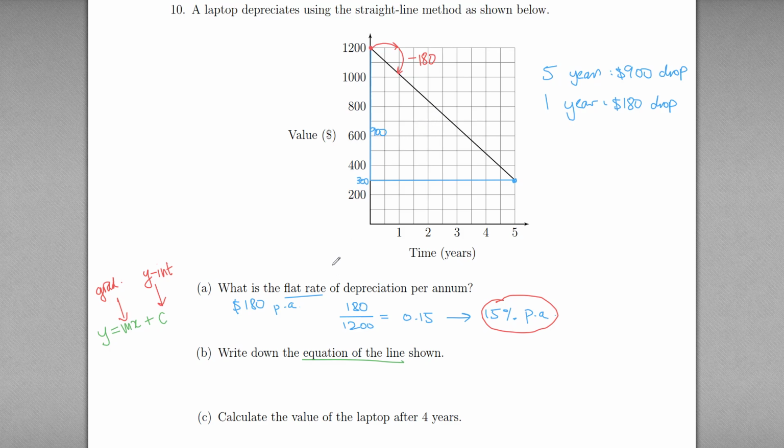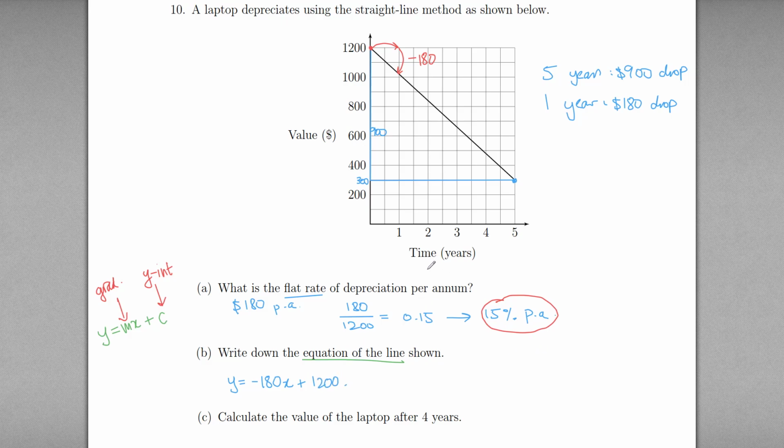So the equation of the line should be y equals, m is negative 180, so negative 180x plus c, the y-intercept, which is 1200.